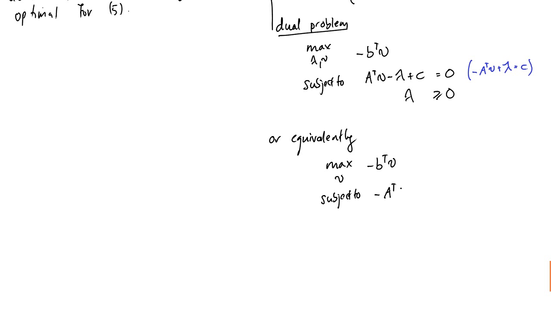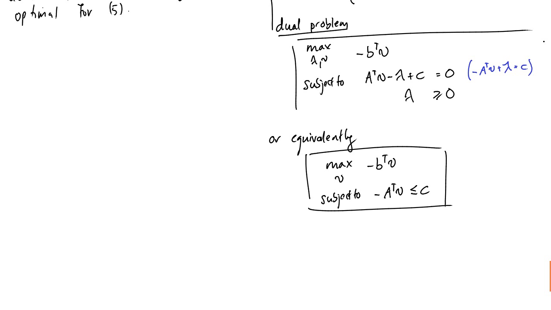Negative A transpose nu is less than or equal to c. Okay, so these are two ways we can write the dual problem for a standard form LP. And depending on how you're solving it or what you want to do with it, one or other of those forms may be more useful to you.